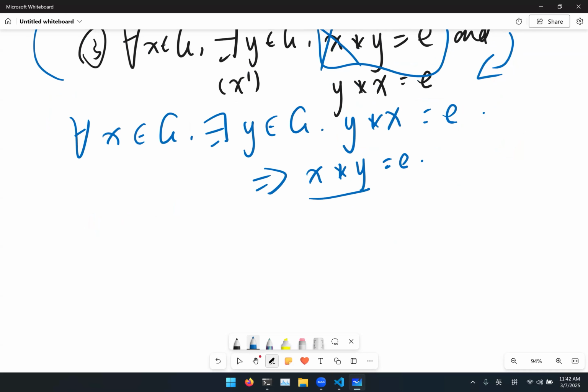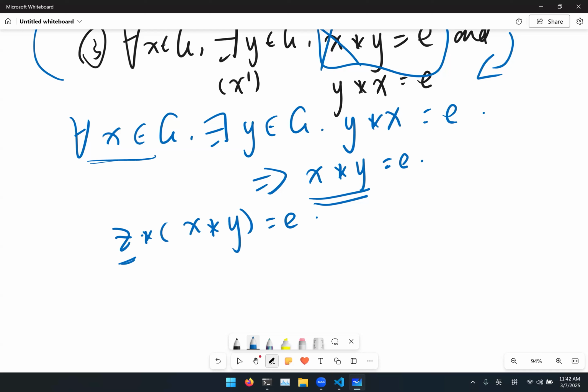We want to prove that x multiply y equals e, because by the property of left inverse, for arbitrary x we can find a new element z to be the inverse of x multiply y.